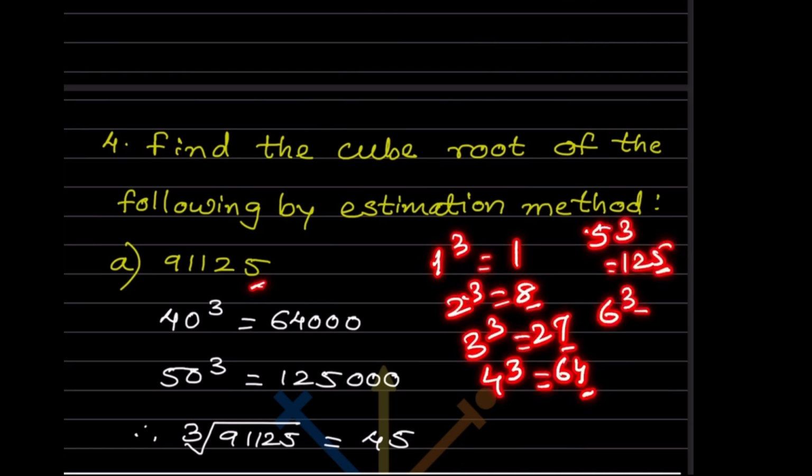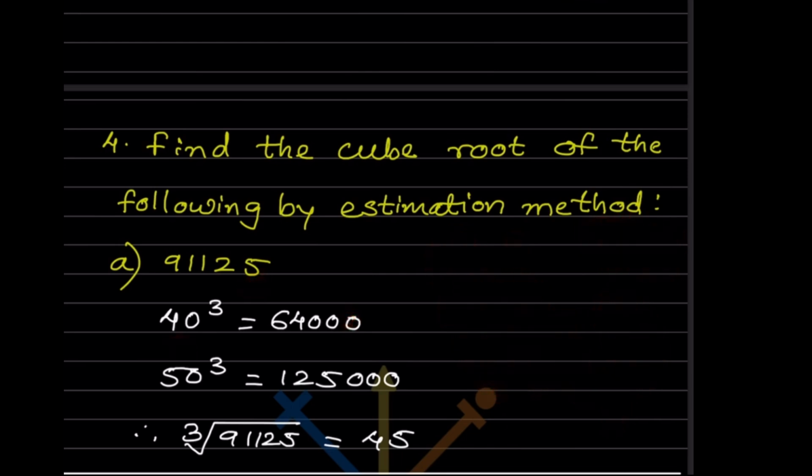Then 6 cube is 216, 7 cube is, and so on. Whenever we have 5, the only possibility is 45, because for other numbers we don't get 5. So the cube root of 91125 is 45.